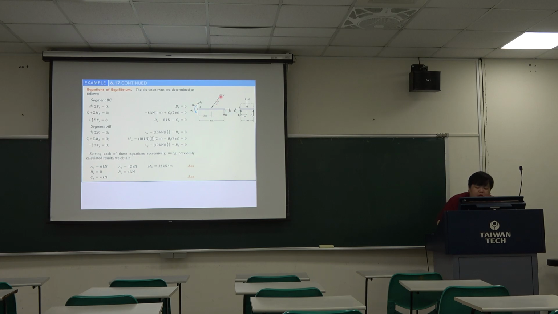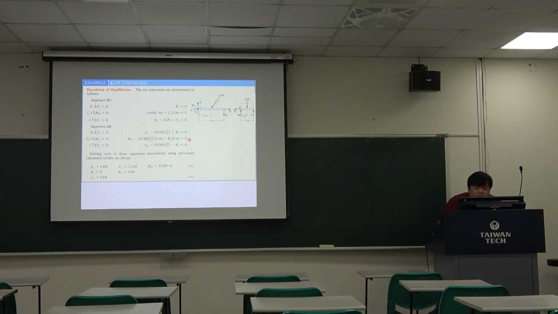Sorry, the x direction force faces the moment point, so only the y direction force gives point A a moment. So only three moments combined together are equal to 0.